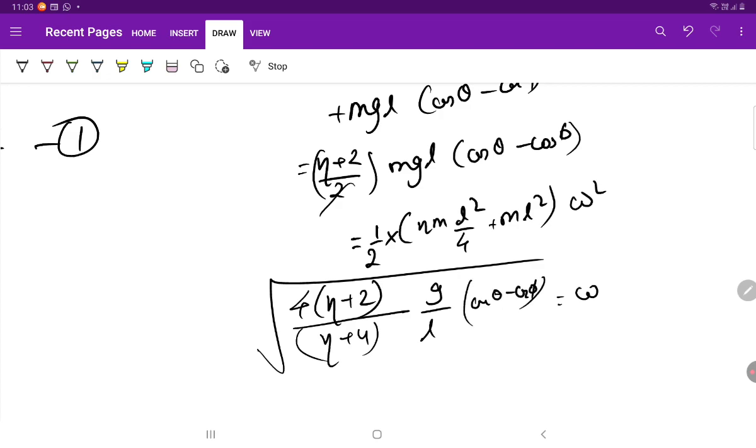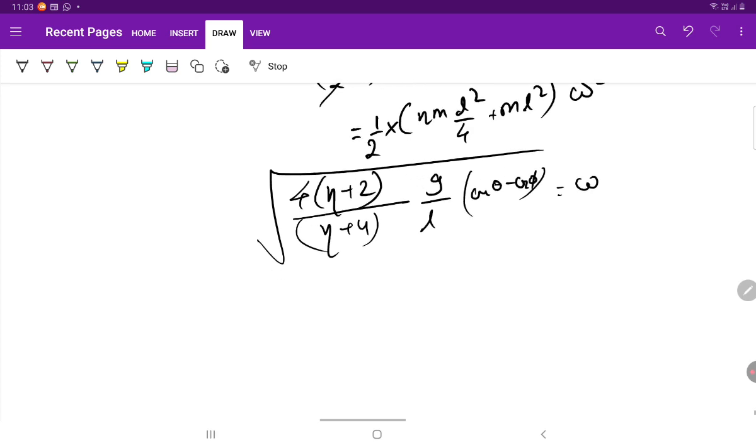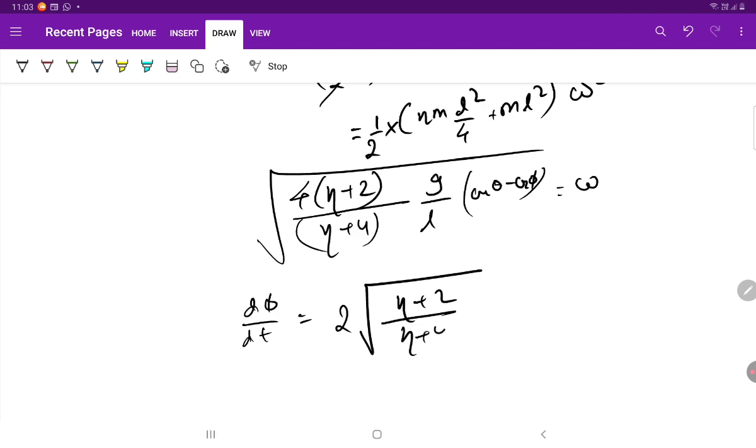Now we will again do the same integral. d phi by dt equals 2 under root (eta plus 2 upon eta plus 4) g by l into under root cos theta minus cos phi.